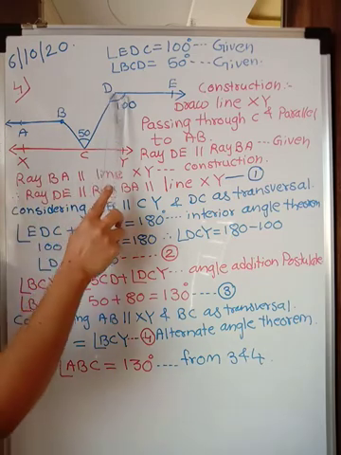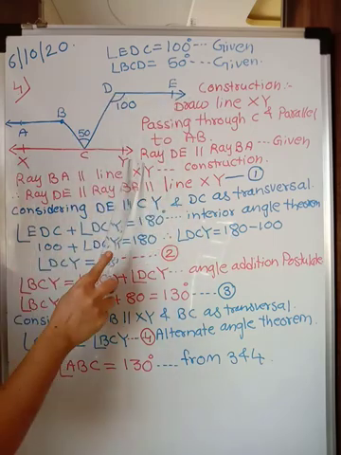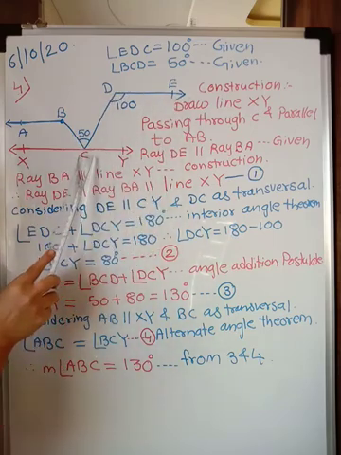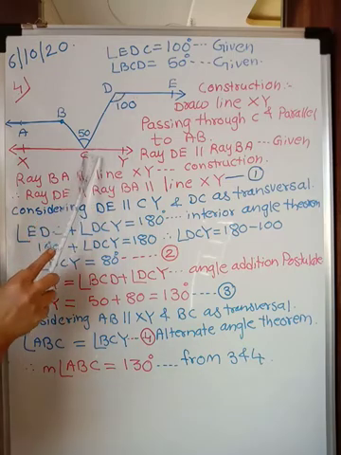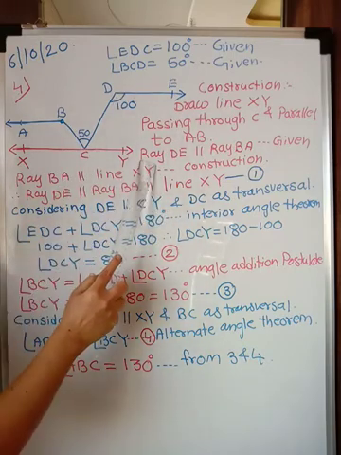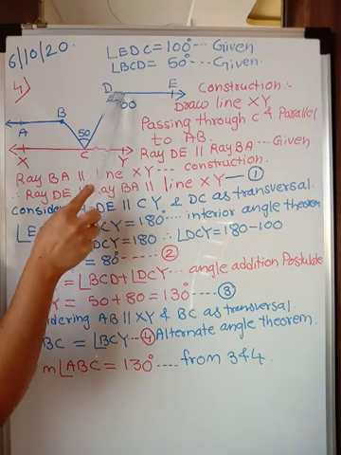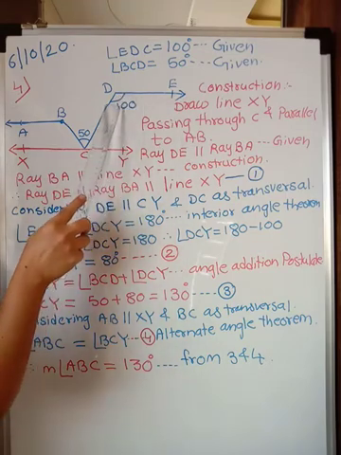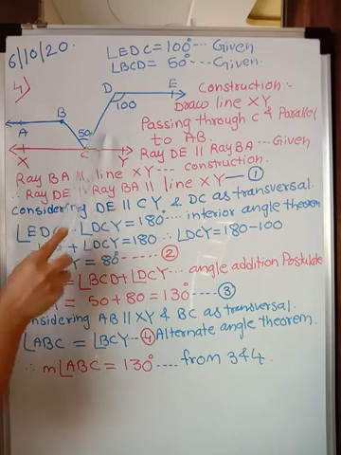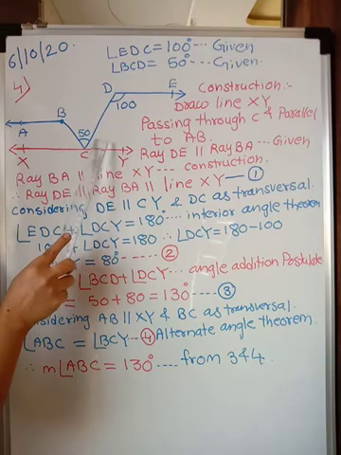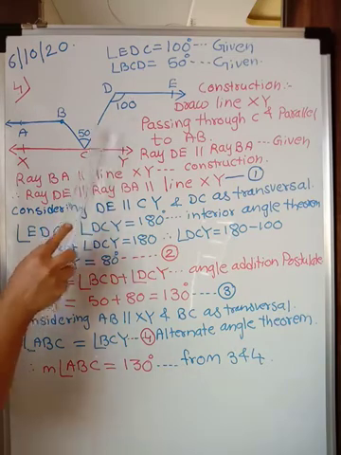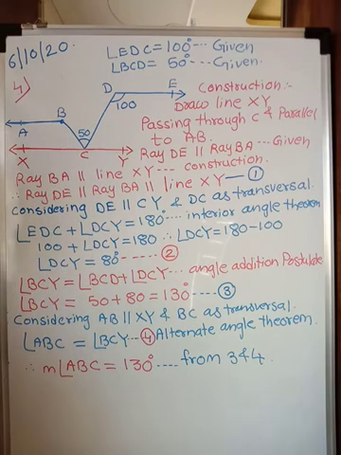Now first consider line DE parallel to XY and DC as transversal. If we consider DC as transversal and these two are parallel lines, then angle EDC, that is this angle, and angle DCY, this angle, these two are interior angles if you consider.